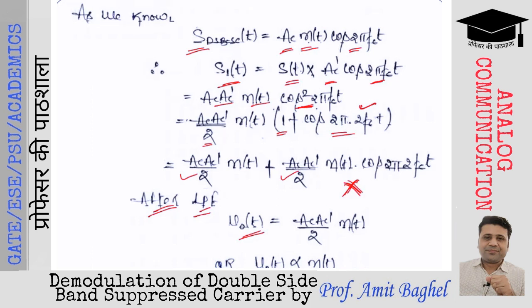So you'll get only Ac Ac' by 2 m(t). Hence, v0 is directly proportional to m(t). This is how we can extract the message signal back at the receiver side with the help of the synchronous or coherent detector.